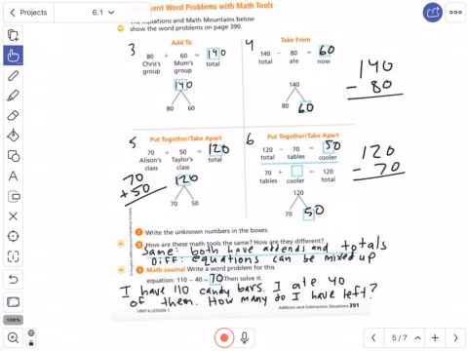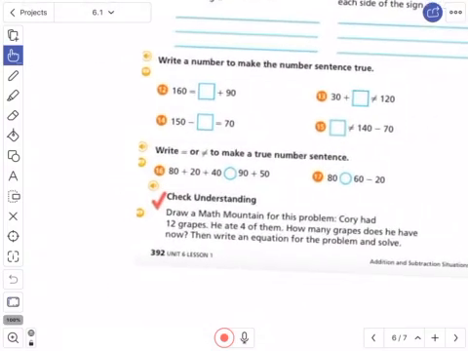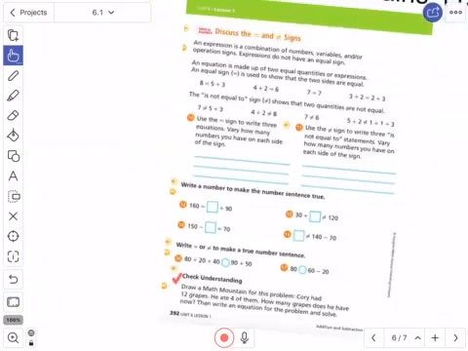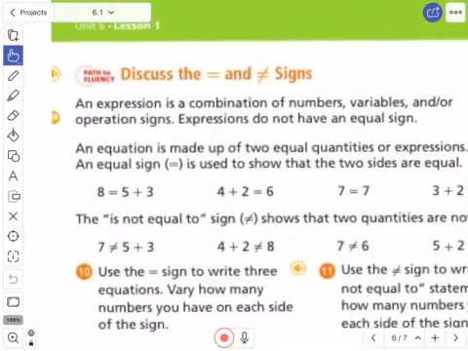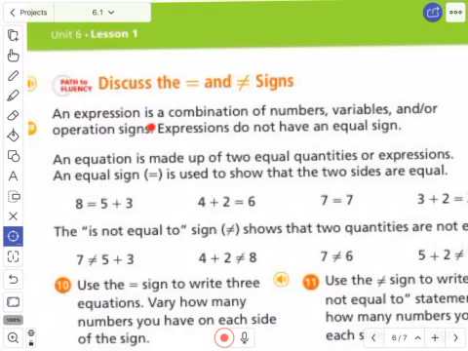And then we're going to go to the next page, page 392. And this is our last one. So if you have not pulled this off of Schoology yet, go to Schoology and send page 392 to Notability. Okay, so this is actually something that we have talked about before, way back. I think it was Unit 1. It's discussing the equal sign and not equal sign. An expression is a combination of numbers, variables, and or operation signs.